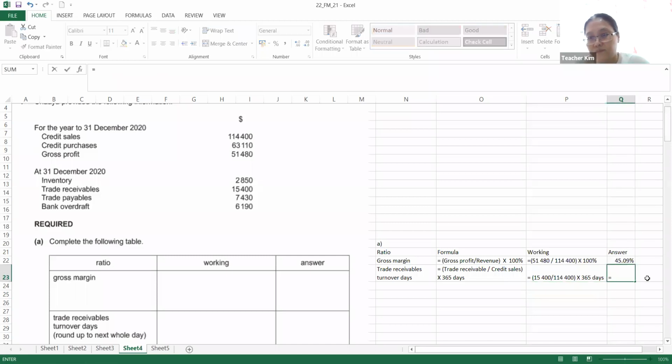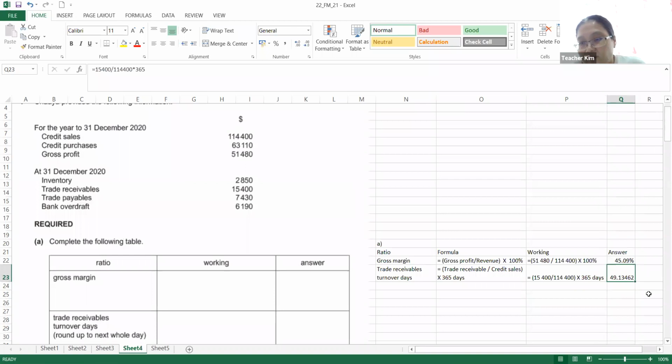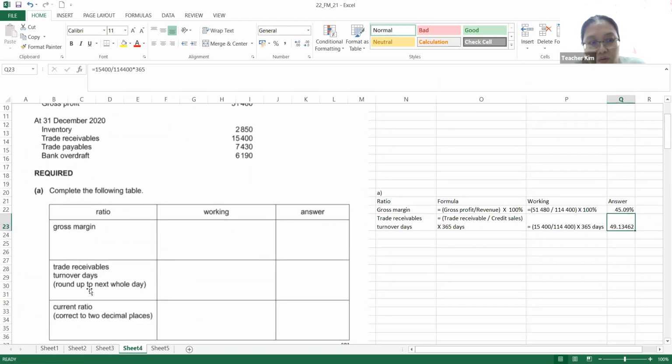Okay, here 15400 divided by 114,400 times 365 days. So in here, they want to round to the next whole day. So for this answer, you must put 50 days. Write the answer in days.